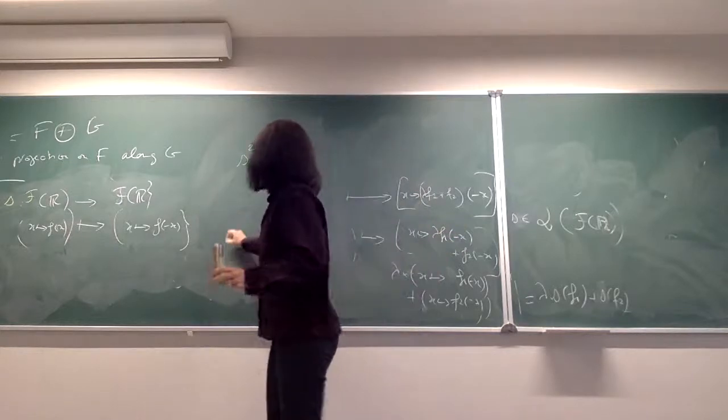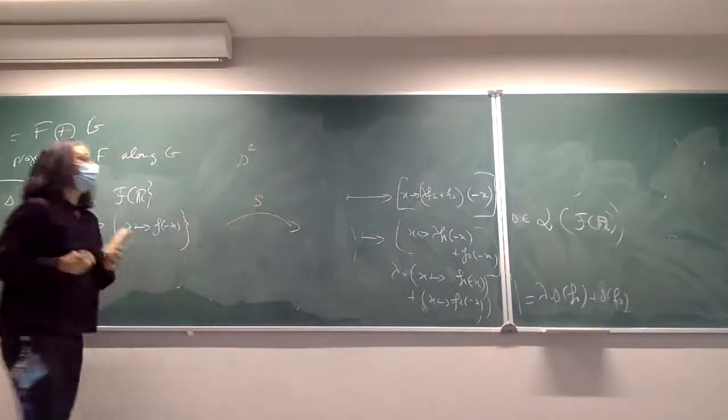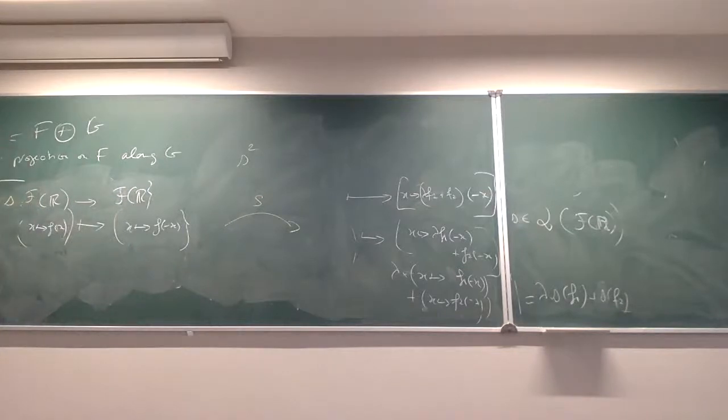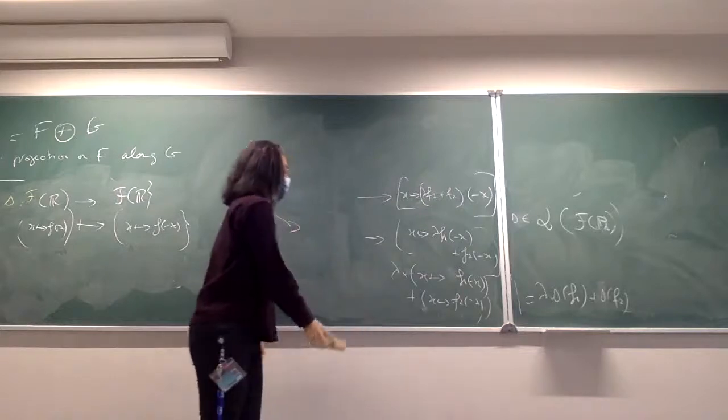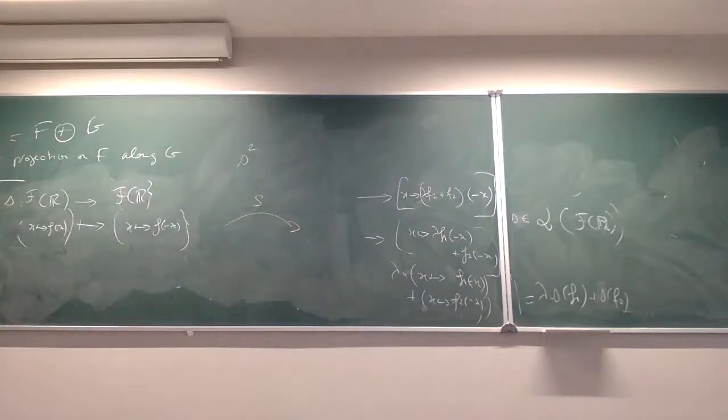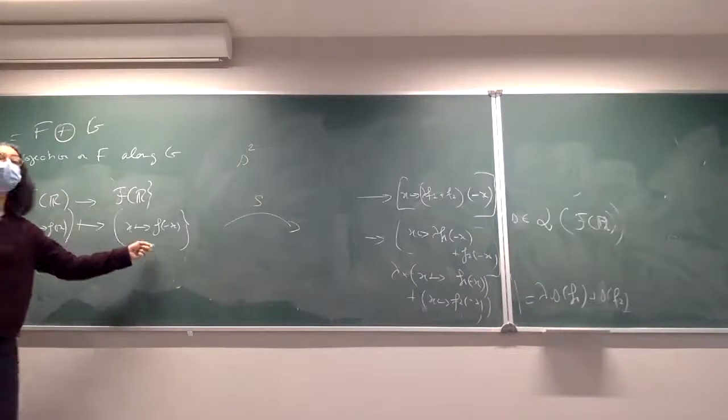It means that I want to apply my map S again to this function. So what function do I get if I apply it, starting with this input?